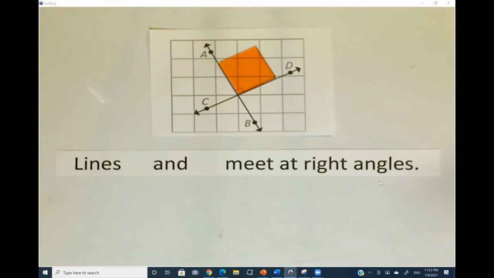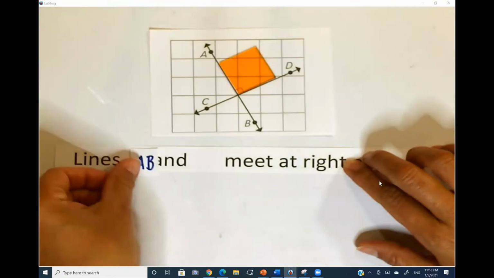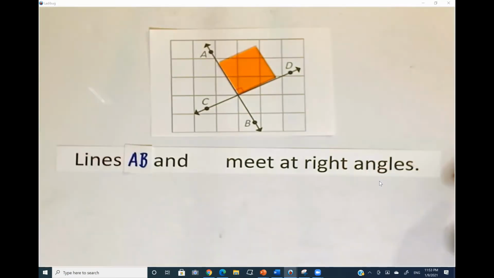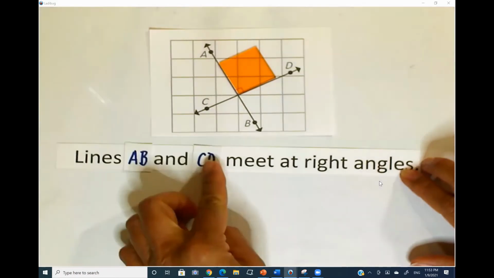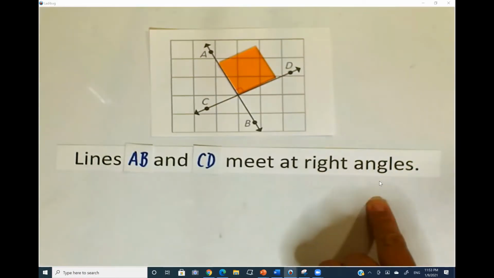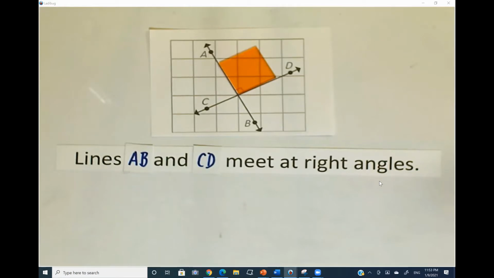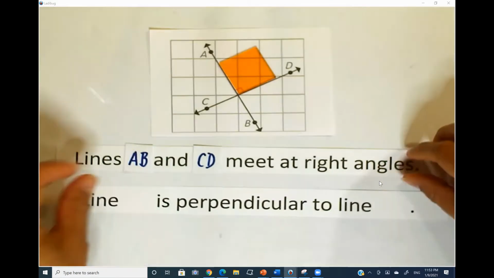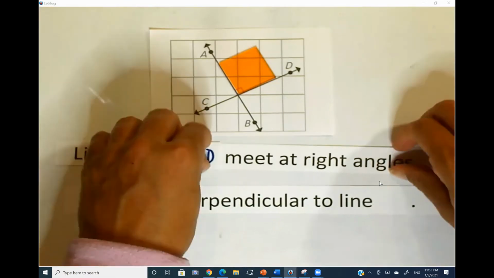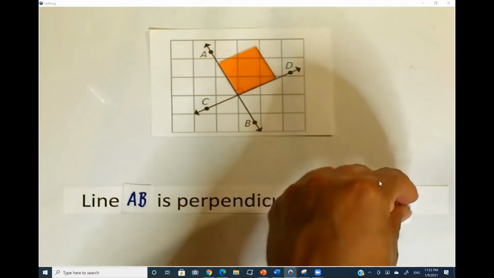Lines AB, which is this one, and lines CD, which is this one here, meet at right angles. So I can tell then that line AB is perpendicular to line CD.